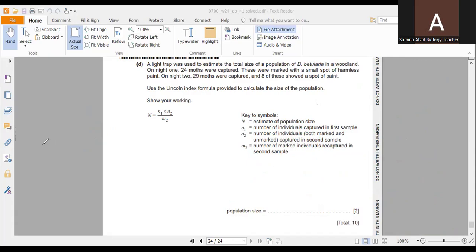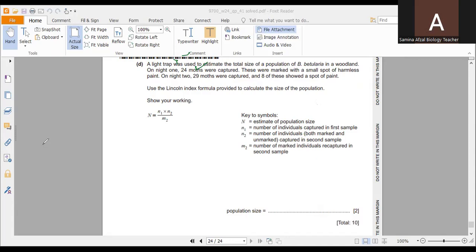These were marked with a small spot of harmless paint. On night 2, 29 moths were captured, and 8 of these showed a spot of paint. First night they were 24, second night they were 29. Use the Lincoln index formula provided to calculate the size of the population. Show your working here.